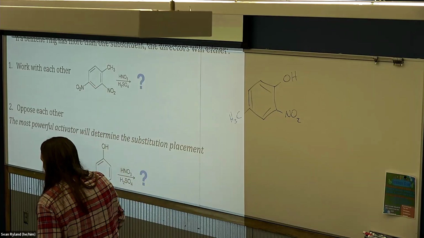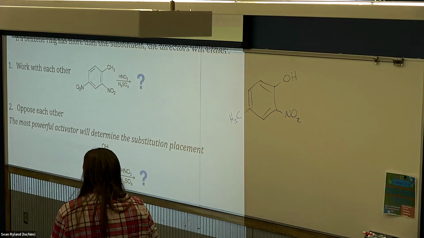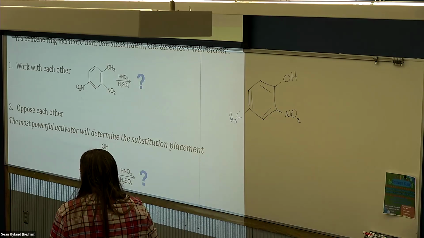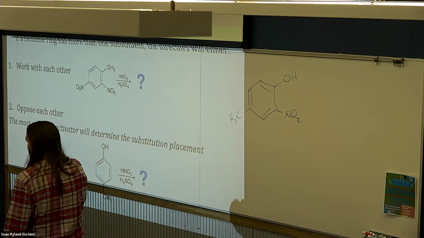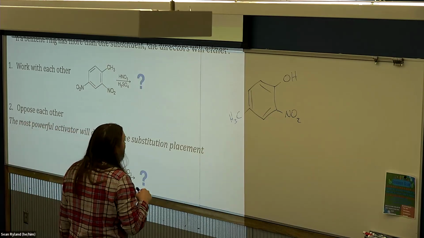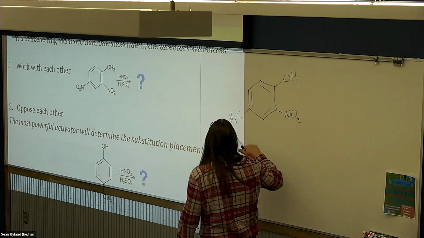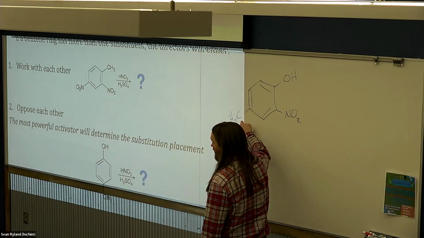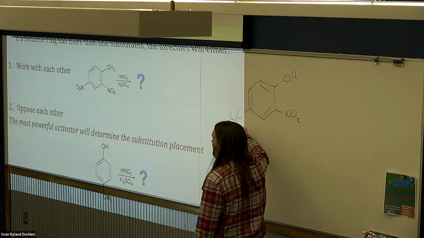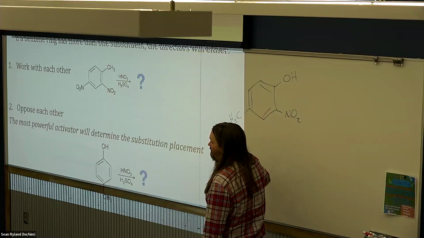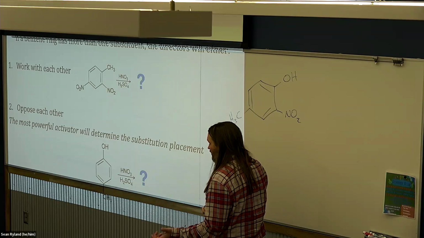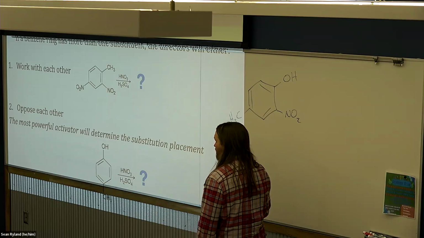So to determine the most powerful, it's going to be anything with the lone pair. What would we look for next if we didn't have a lone pair? If we didn't have a lone pair, then this is weakly activating. If it doesn't have a lone pair and it's not an R group, it's probably electron withdrawing, because for the most part, that means you're going to have a conjugated pi bond.